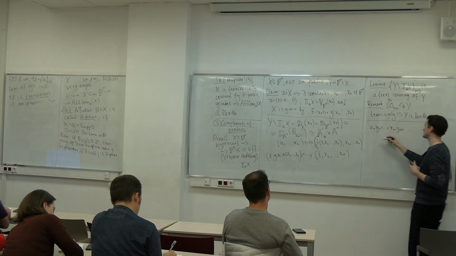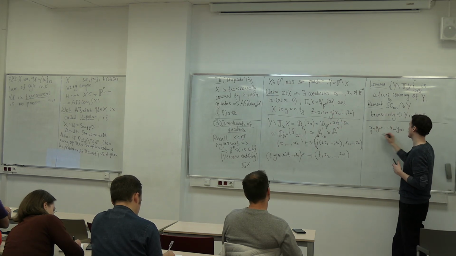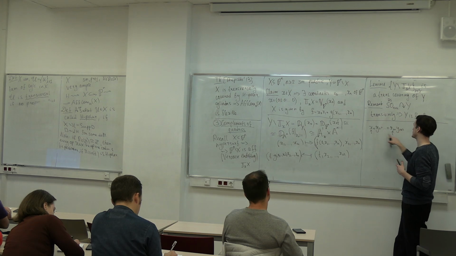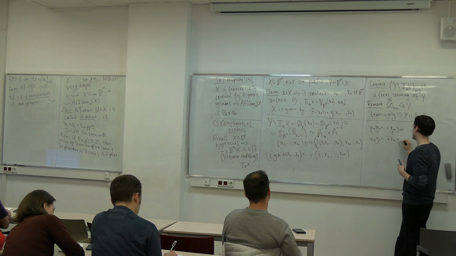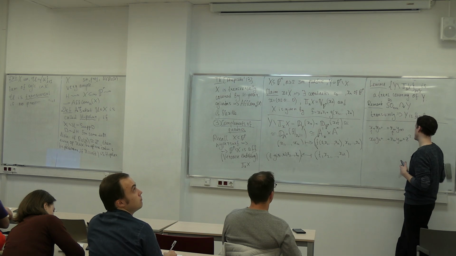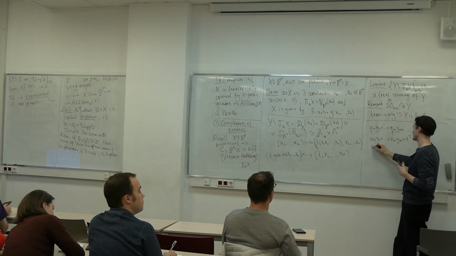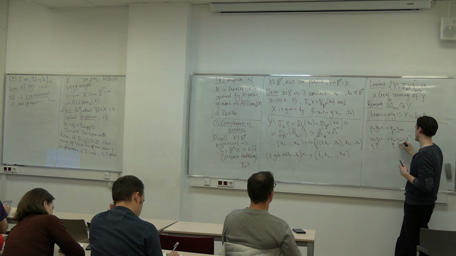In the odd dimensional case, it is enough to take those m cylinders corresponding to these points, and in the even dimensional case, we take many more cylinders. So we take one for each point here, plus one more.